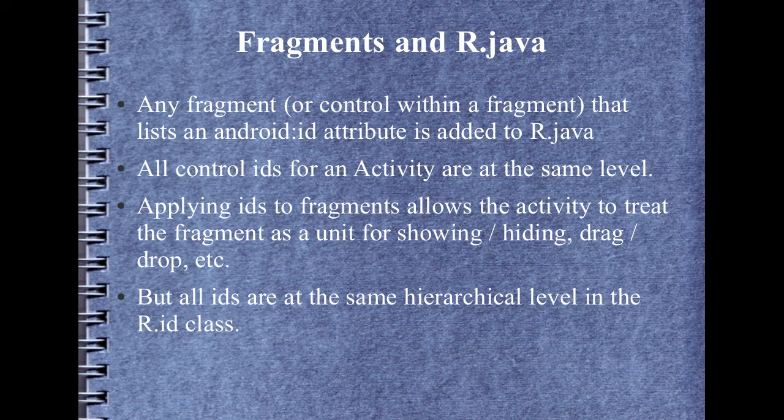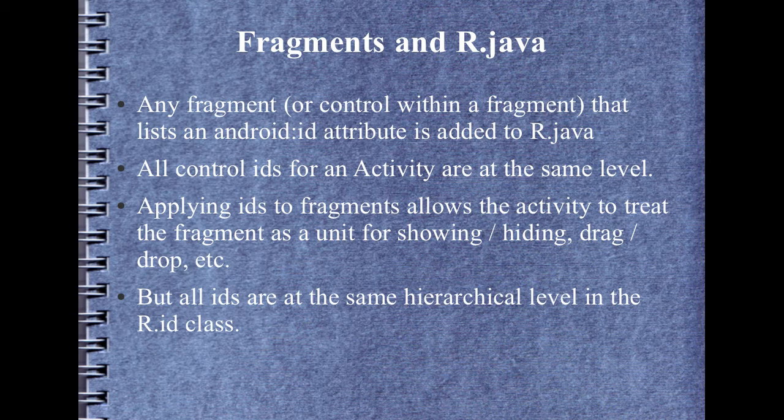So we need to make sure that the ID strings that we define in the layouts are unique across the activities that use these. When we apply IDs to fragments, this allows the activity to treat the fragment view as a whole unit, and we can show and hide the entire fragment, and that'll show or hide all the controls within the views.